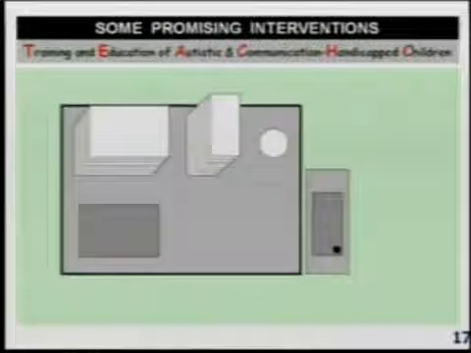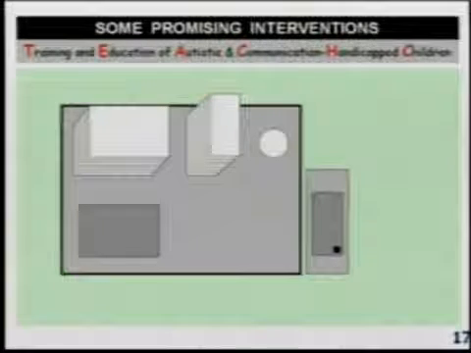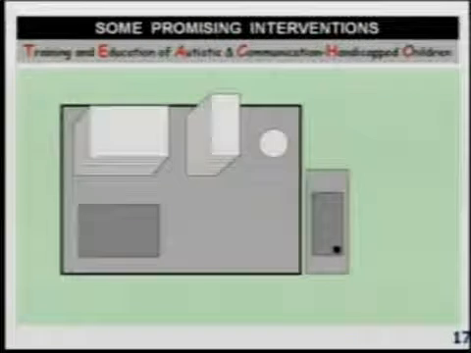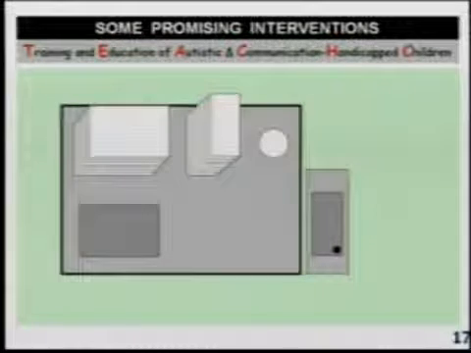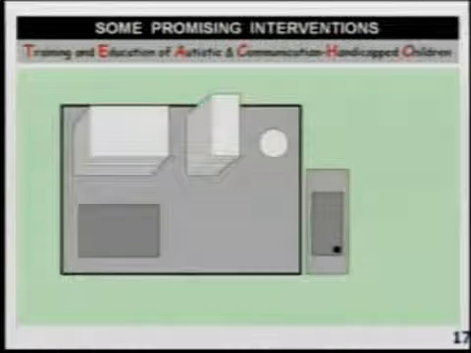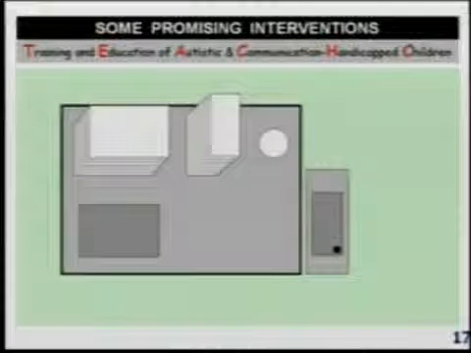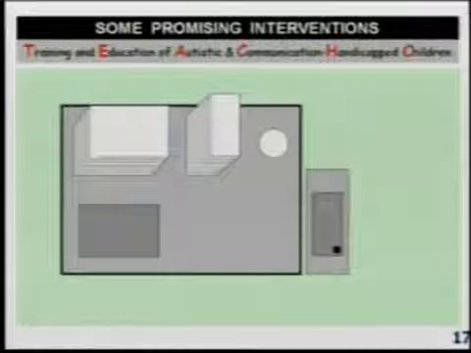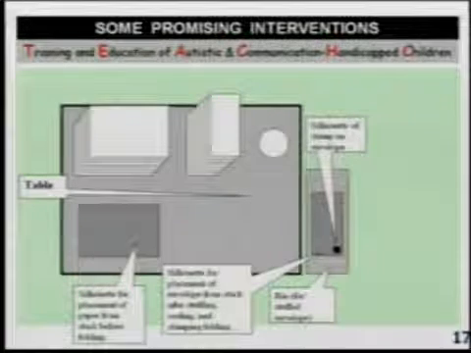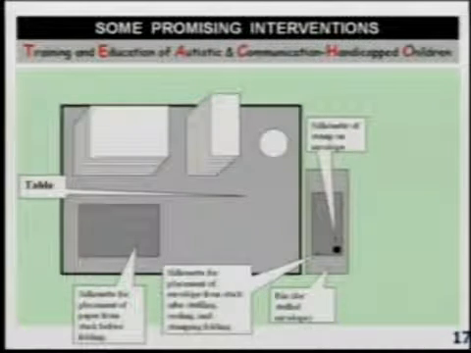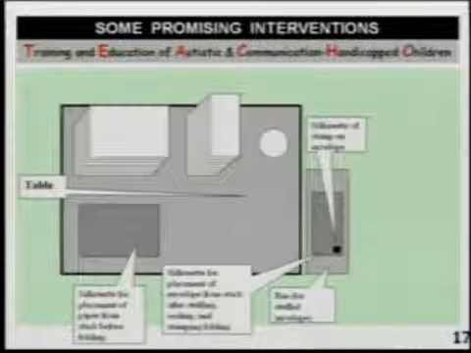The TEACH approach. TEACH approach, as I mentioned before, is really good about setting up an environment so that the child can be successful. So let us suppose we have this environment set up that involves folding up pieces of paper and stuffing them into an envelope and so on. So we have everything organized just so that it's pretty clear as to what needs to be done.